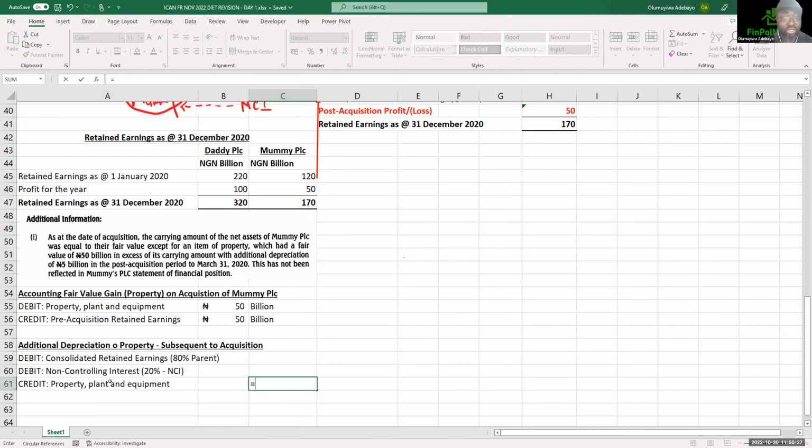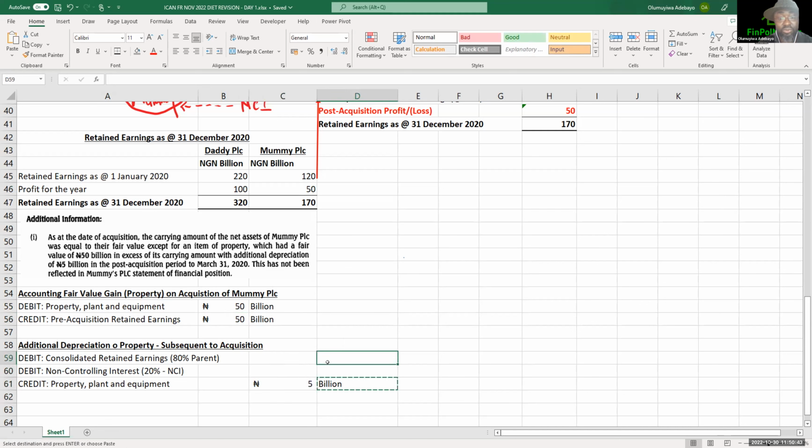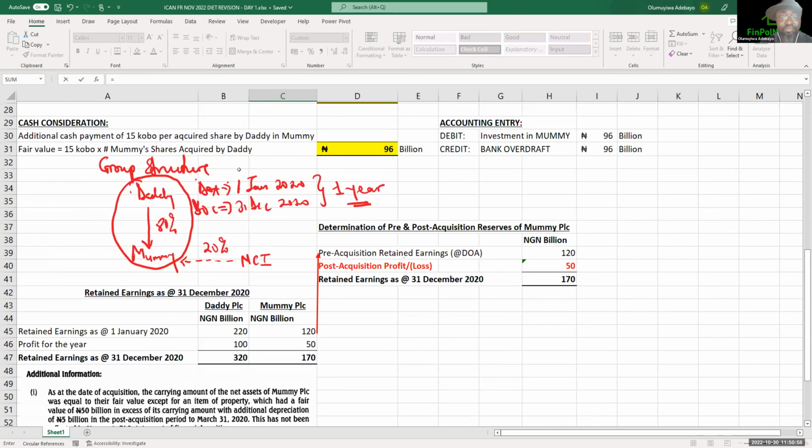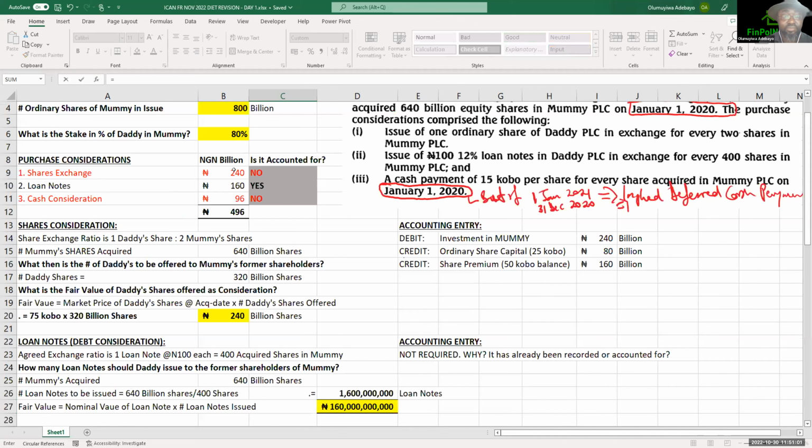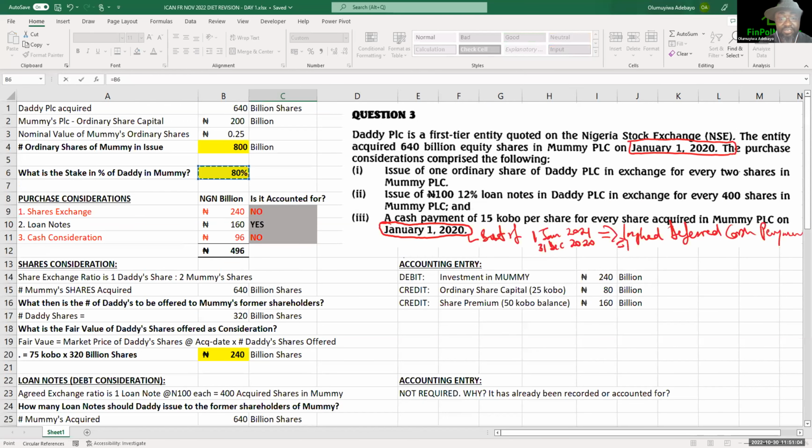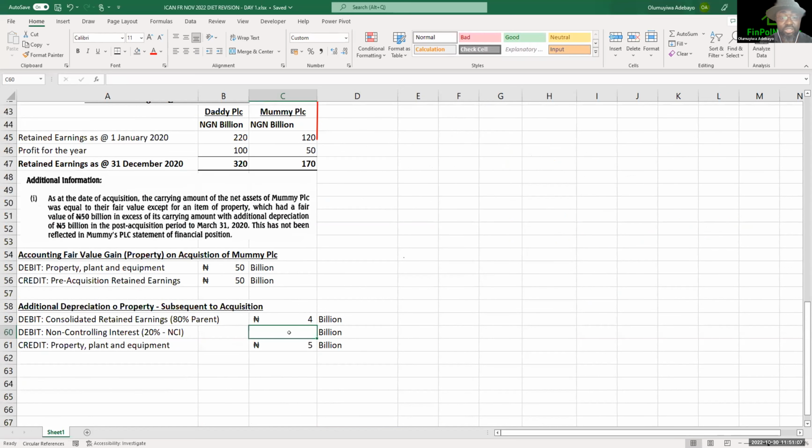Now, this is 5 billion. And if you are to more or less divide the impacts that affect the post-acquisition profit between the parent and the NCI, we call parent is 80%, which is this. 80% of what? 5 million. And NCI is 20%.